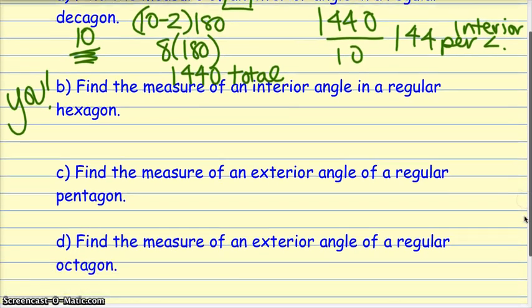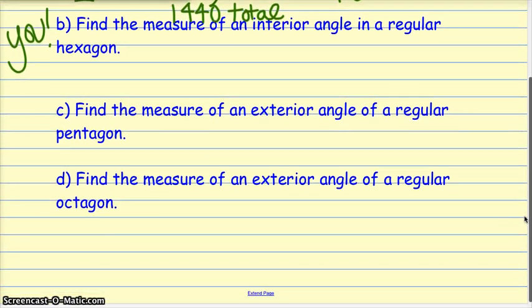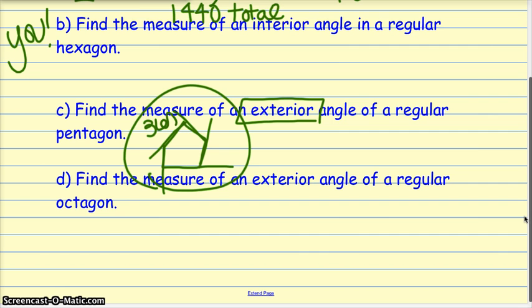Letter C, find the measure of an exterior angle of a regular pentagon. Exterior, on the outside. So we have a pentagon, and if you think about extending and traveling all the way around like that car animation did, all the way around is 360 degrees. But because it's regular, each one of these angles is exactly the same.